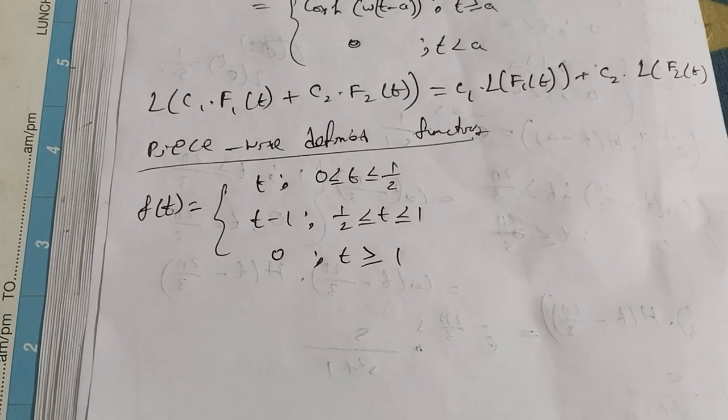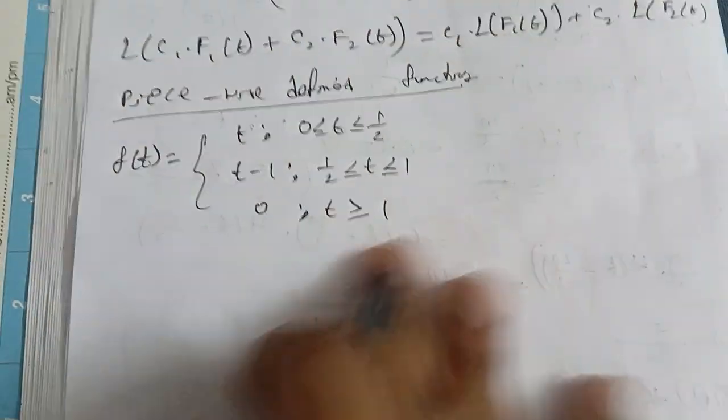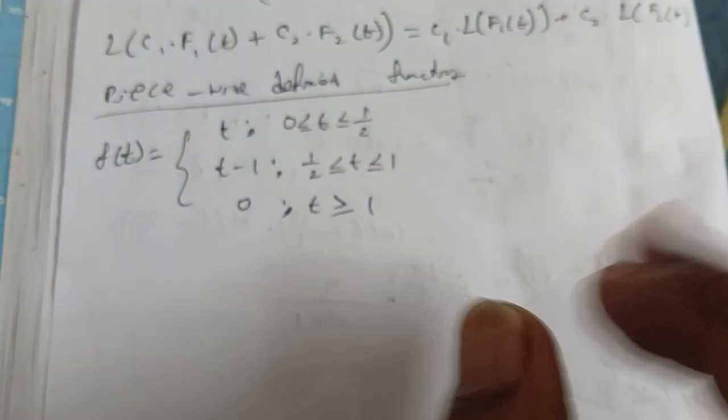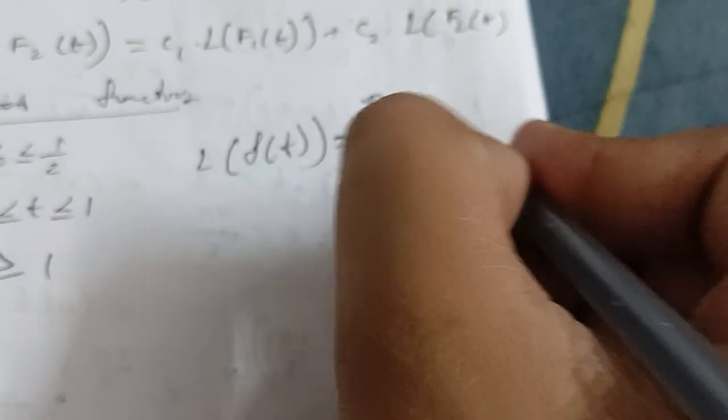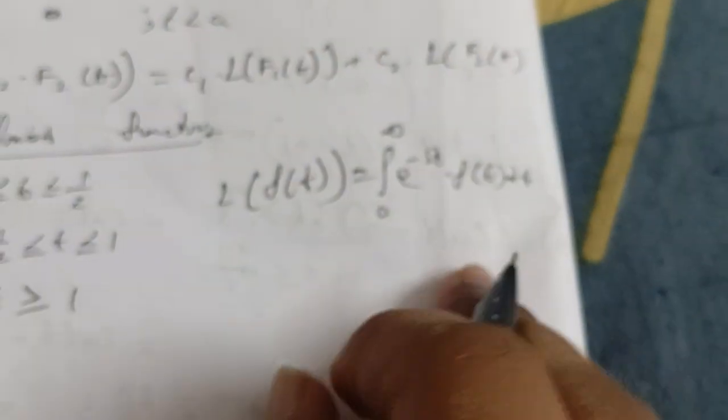So how do we take the Laplace of it? If you use the Laplace formula, what was Laplace? Laplace was the integral from 0 to infinity of e power minus st dot f(t) dt, right? This one.